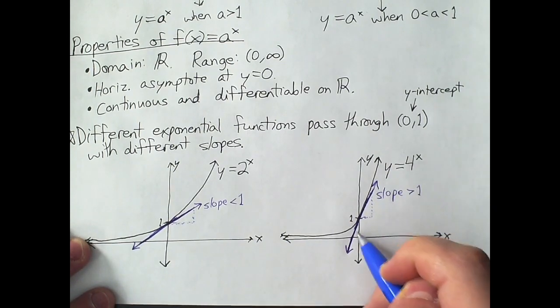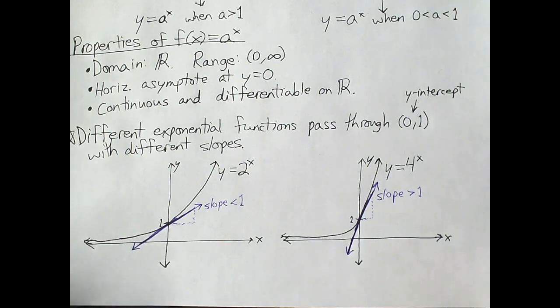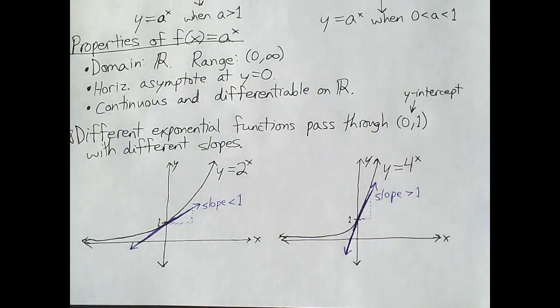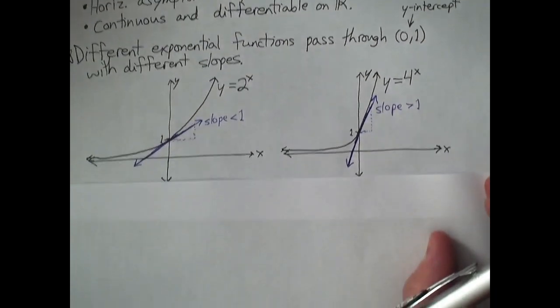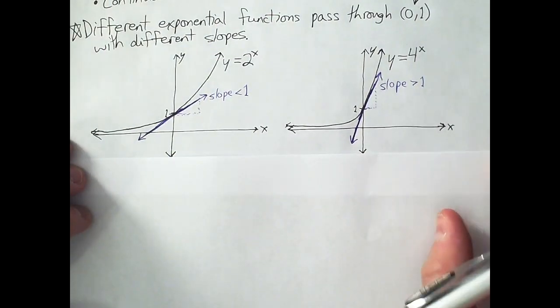Maybe this slope looks like it might be 3 or something like that. Or 4. I don't know. Anyway, that's just 2 examples of different exponential functions passing through with different slopes of the tangent line.